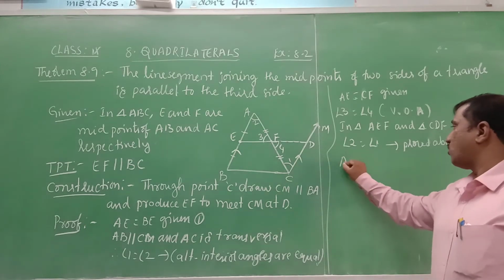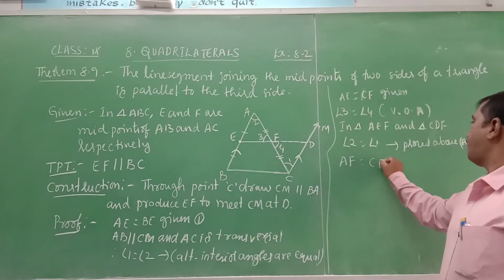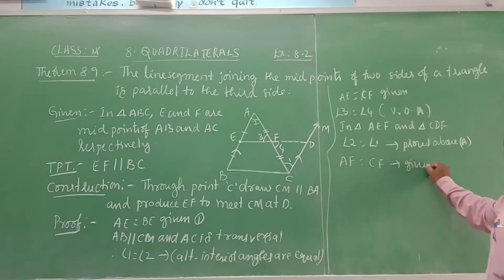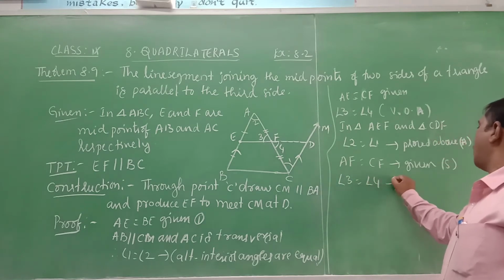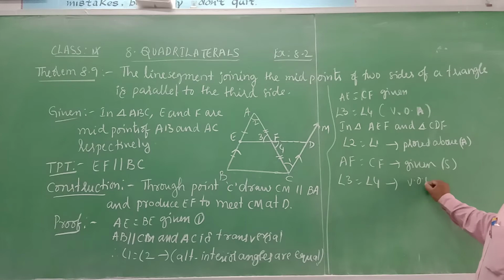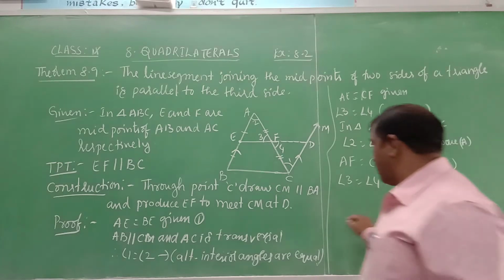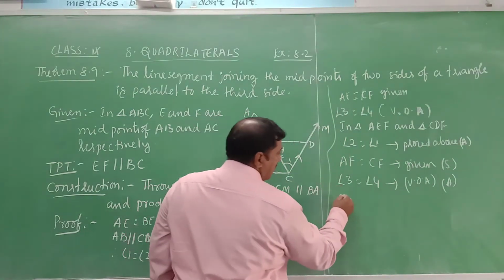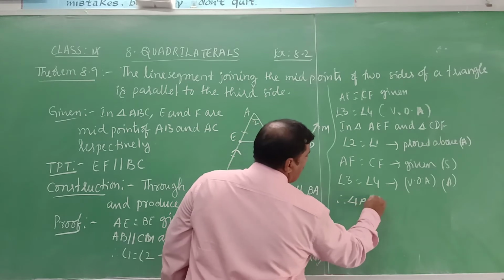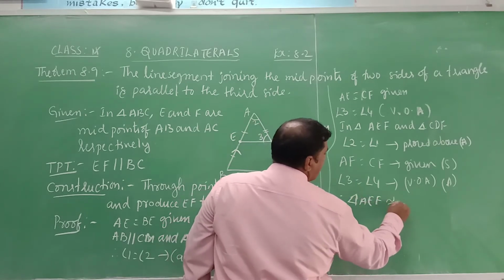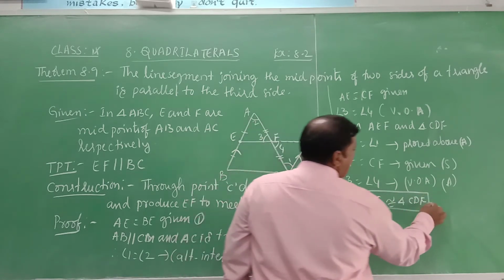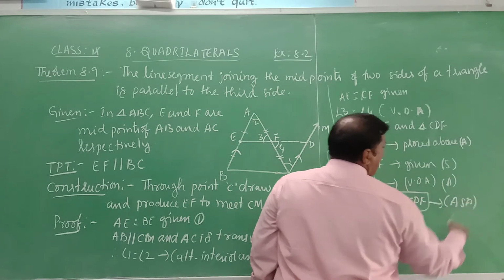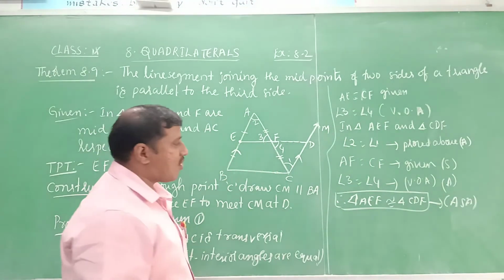Now AF is equal to CF, given, it is side, and angle 3 is equal to angle 4, proved above, that is vertically opposite angles. That is angle. Now ASA, angle, side, angle. The two triangles are congruent triangles. Therefore, triangle AEF is congruent to triangle CDF by ASA congruency.